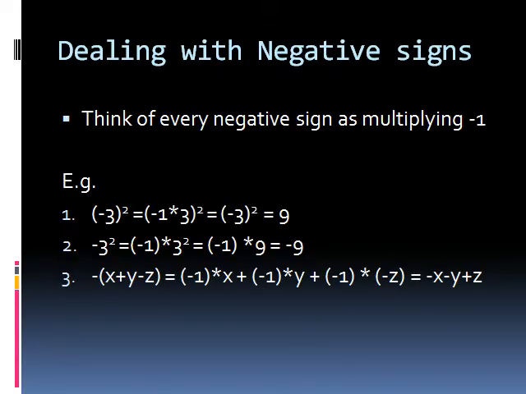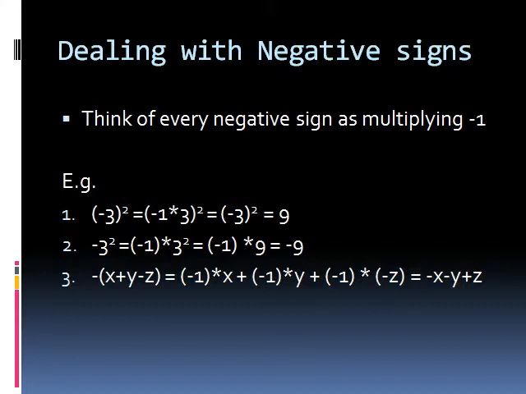For negative signs, it is very easy. Just remember that it's the same as multiplying all the values by minus 1. So if you look at the order of operations, if you have (-3) squared and the minus 3 is within the brackets, then you would know that it's minus 1 times 3 and then you square it, which means that the minus sign is within the brackets.